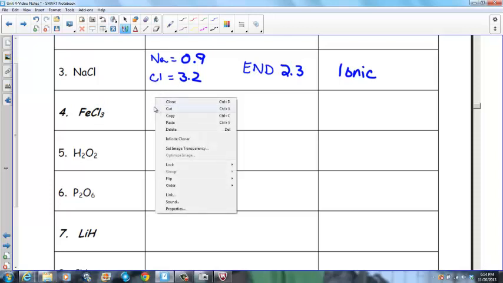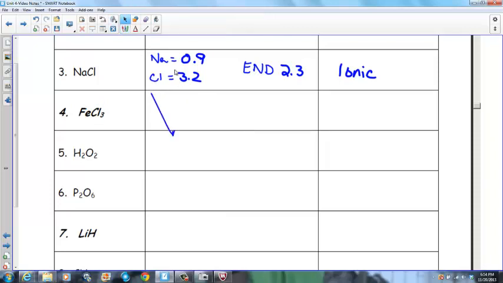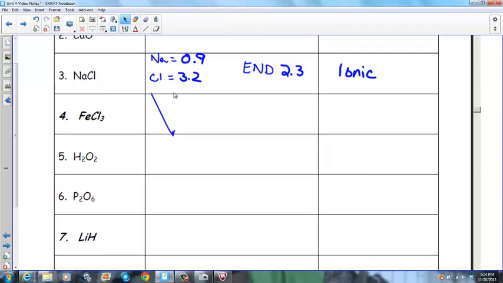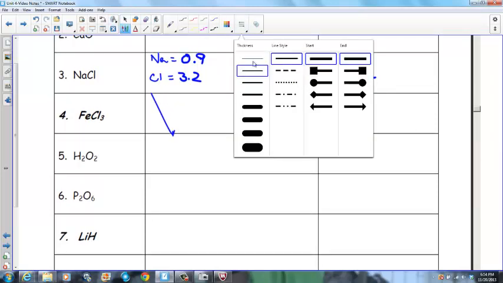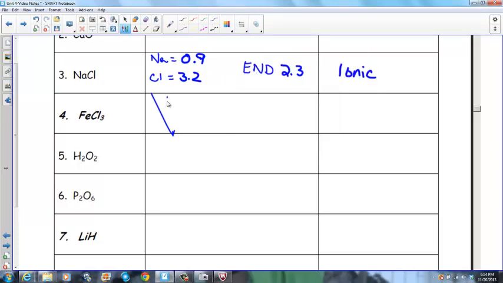So we have to look up the electronegativity values of iron. So we have to look up iron, and we have to look up chlorine. Well, we have chlorine, so chlorine's 3.2. And iron is 1.8.